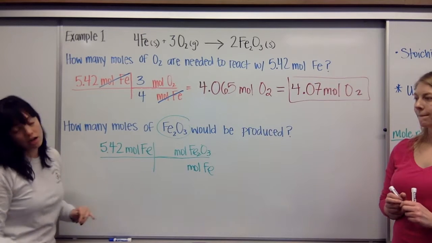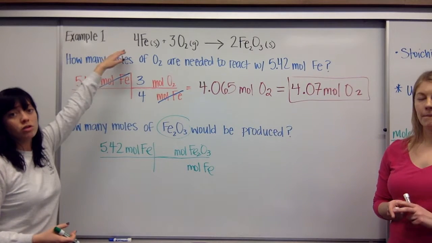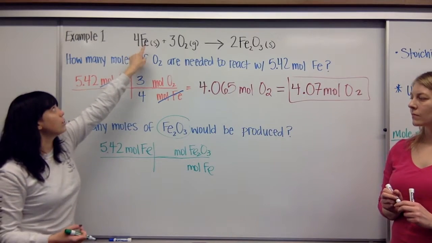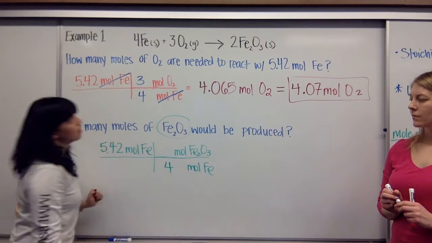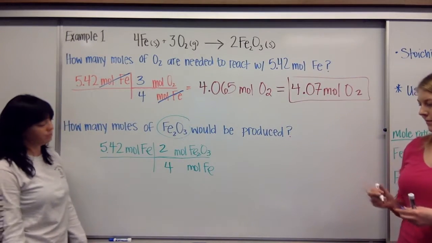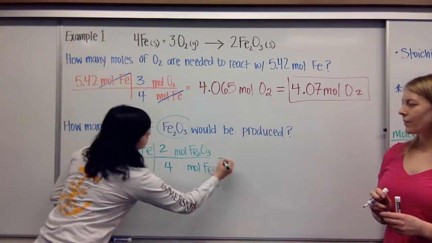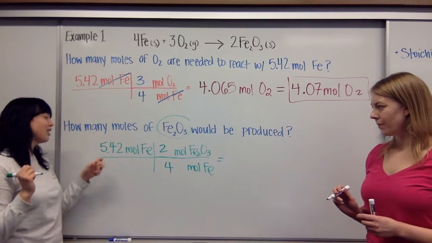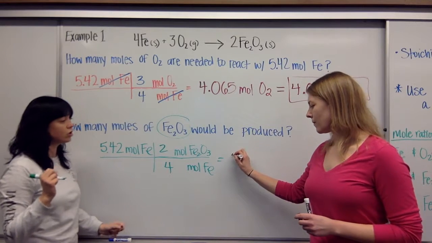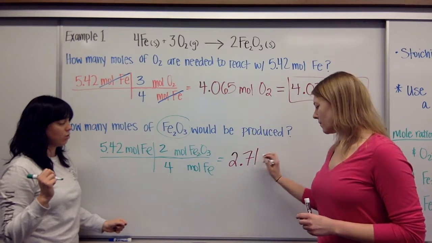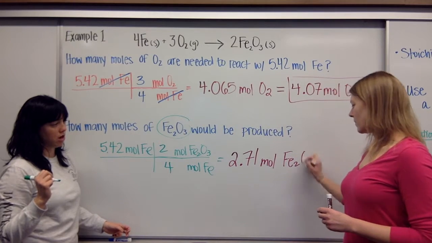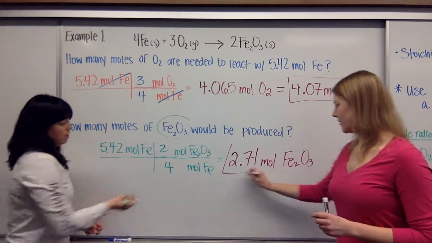And then I go ahead and I figure out, using my balanced chemical equation, what my mole-to-mole ratio is. For every 4 moles of iron, I yield 2 moles of iron(III) oxide. So, if I go ahead and plug that into my calculator, 5.42 times 2 divided by 4 equals 2.71 moles of iron(III) oxide. And what unit crosses out?